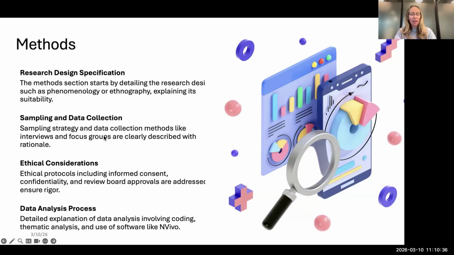The sampling strategy and the data collection methods have to be listed in there. So did you do interviews? Did you do focus groups? Were there other types of data that you wanted to use that you should have used and weren't able to? Were there other documents that you looked at, artifacts?